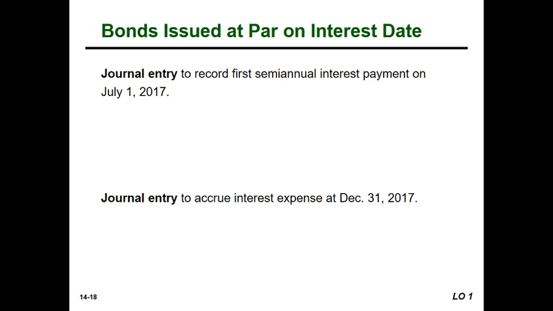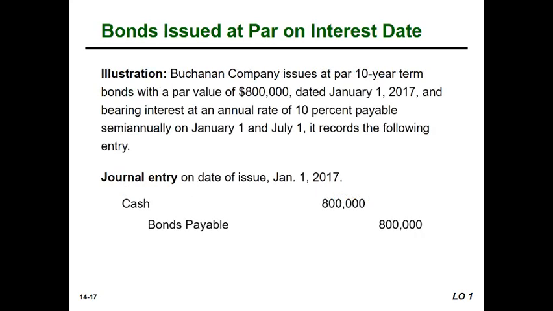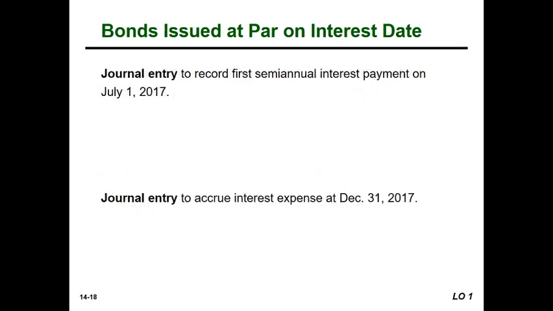The first thing that happens is that on July 1st, 2017, we're going to have to make our first payment. The first semi-annual interest payment is going to be 800,000 multiplied by 10% divided by 2, or 40,000.